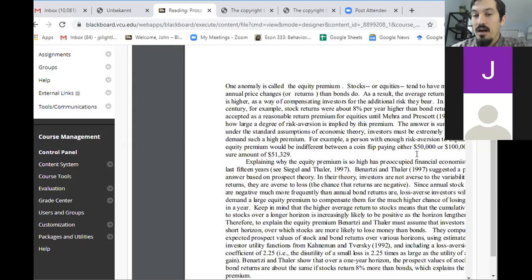Okay. Benartzi and Thaler, though. Thaler is a very famous behavioral economist. They showed that if you use Kahneman and Tversky's prospect theory functions that they estimate not in their original paper, but in some of their later work, you can explain this equity premium pretty accurately with a loss aversion slope of 2.25.